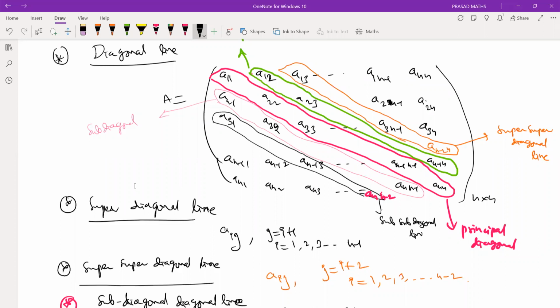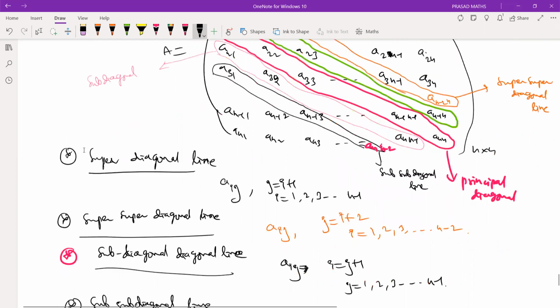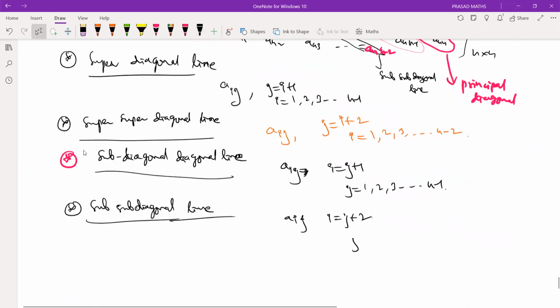What are the entries? i equals j plus 2, right? So where j is running from 1, 2, 3 up to n minus 2. Right? These are the second subdiagonal elements.